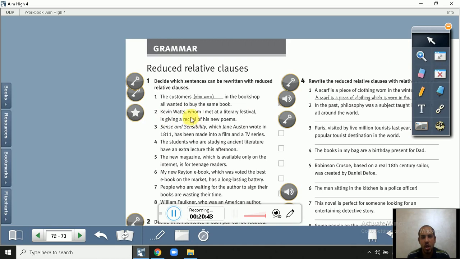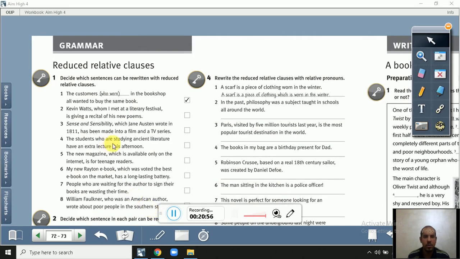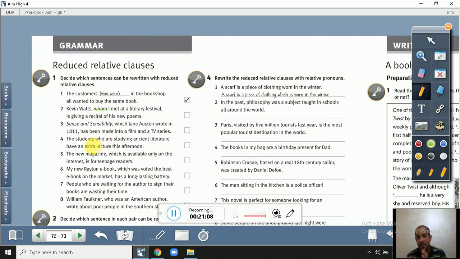Let's move to the next one. Kevin Watts, whom I met at the literary festival, is giving a recital of new poems. Do you think that I can reduce this sentence and delete whom? Let's ask ourselves, is it combined with the verb to be?